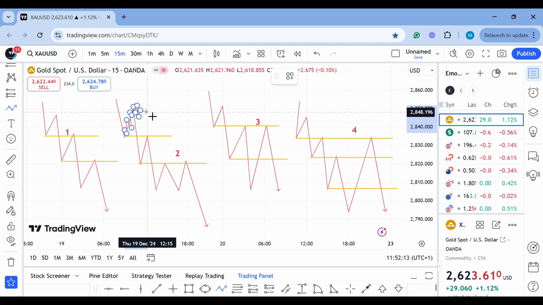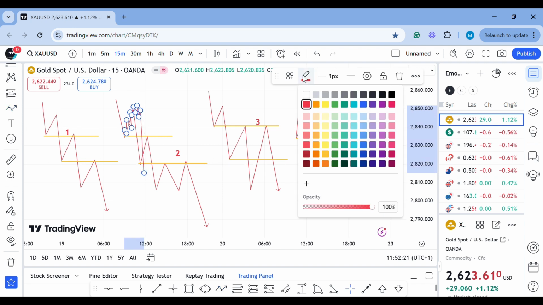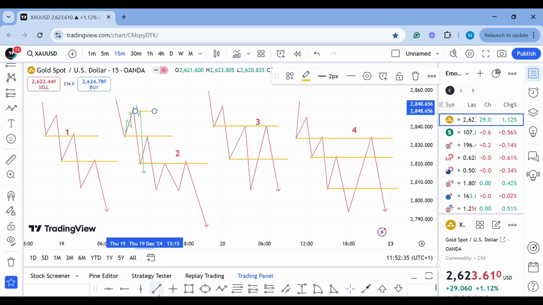So you should look for possible means to enter, because what you should see next is an impulsive move to the upside. Let me change the color so that you see it clearly. You see it? So it will keep creating a high.